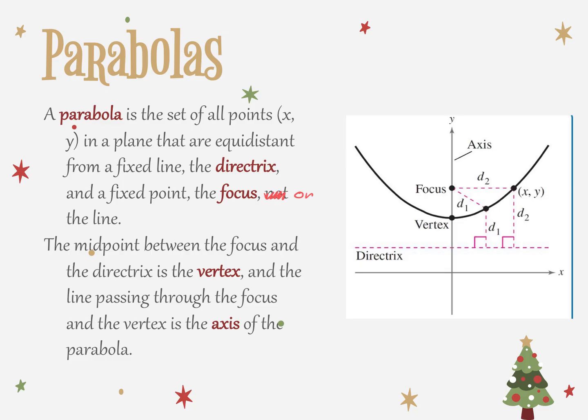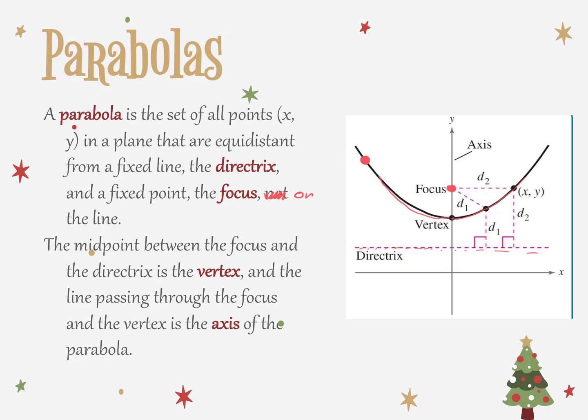Now, the focus is always going to be inside of your parabola. You can see in this image we have a parabola, this U shape going upwards, with the focus inside of it and the directrix right underneath it. If you pick random points, say I pick a point right here, you can see where it says D1, D1, D2, D2.